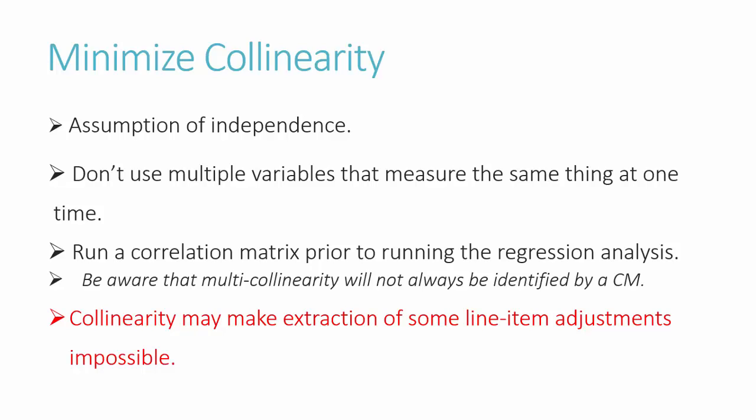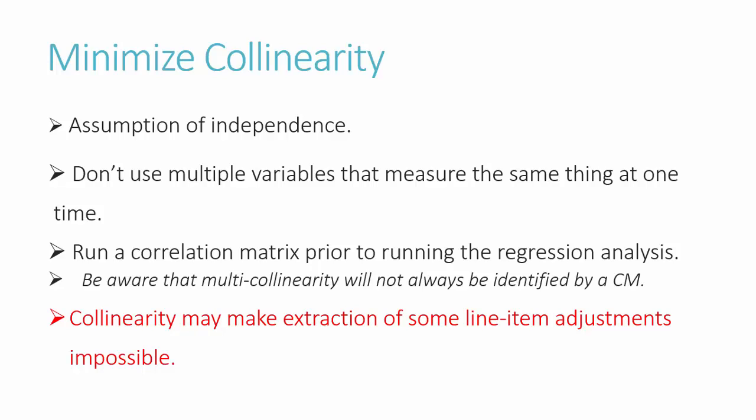This is one of the things that really works against us in appraising using regression analysis to extract sales, is that our property characteristics are seldom independent of each other. Okay, now how would we minimize the collinearity? Well, we wouldn't use multiple variables that measure the same thing at one time. If the regression analysis thinks that bedrooms and gross living area are measuring the same thing, you have to turn one of them off.